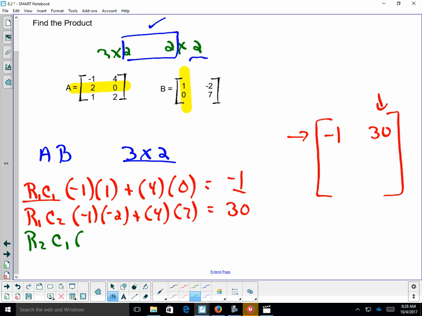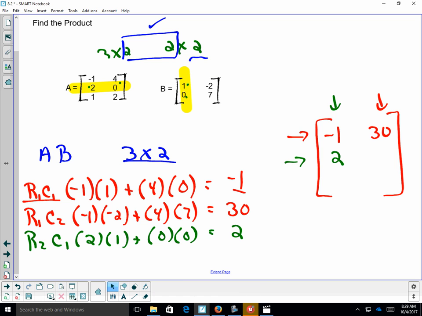So I'm going to take this 2 times this +1. Then I'm going to take this 0 and multiply it by this 0. I take 2 times 1 and get 2 plus 0, and this is 2. This answer should go in row 2, column 1. So that answer is going to be a 2.